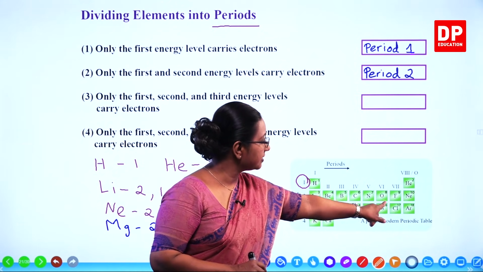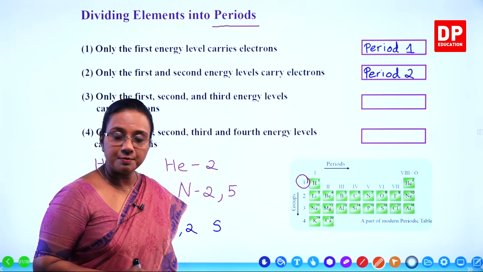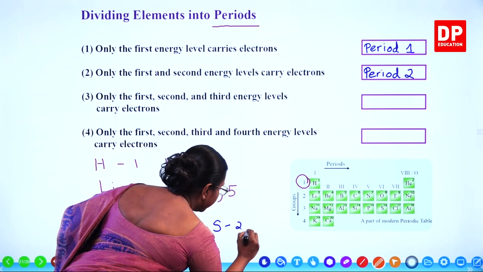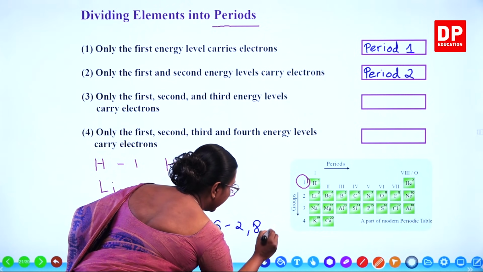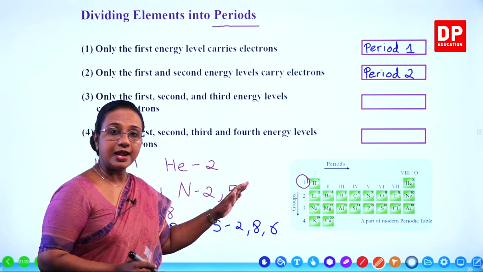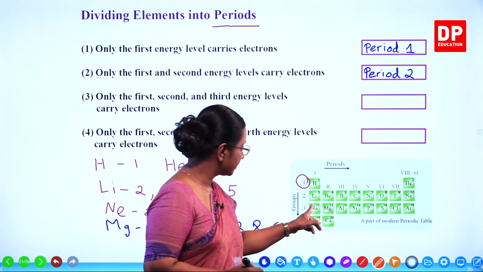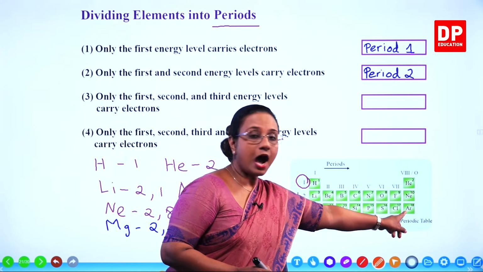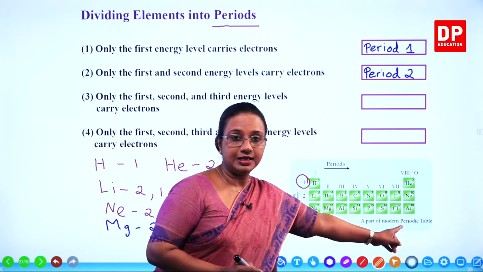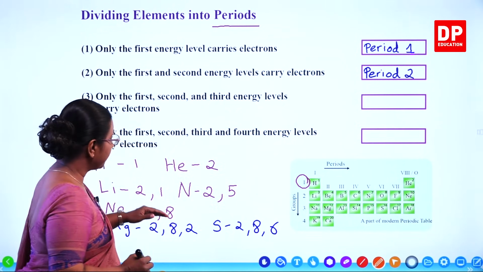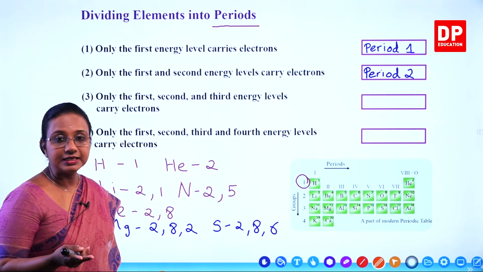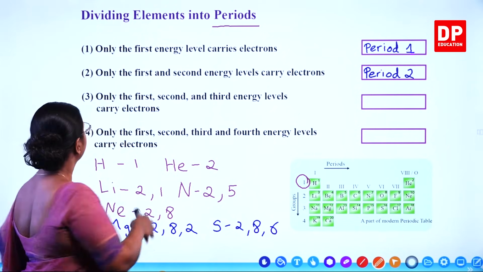So here you can see sulfur atomic number is 16. So the electronic configuration will be 2, 8, 6. In these two elements and all the other elements starting from sodium up to argon, atomic numbers 11 to 18, they have electrons in the first, second and third energy levels.